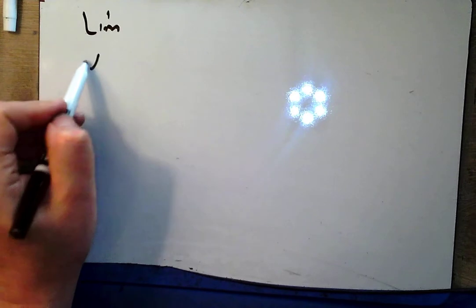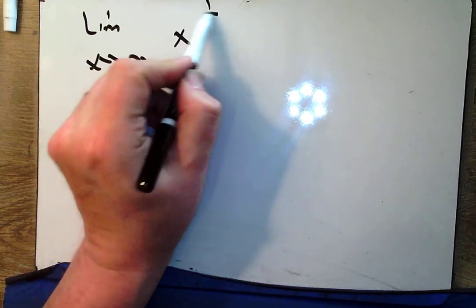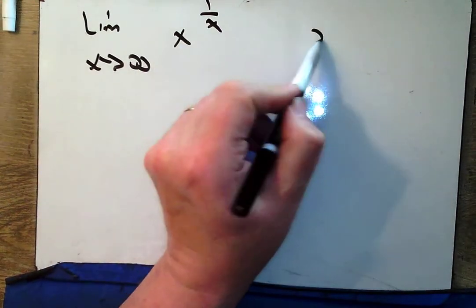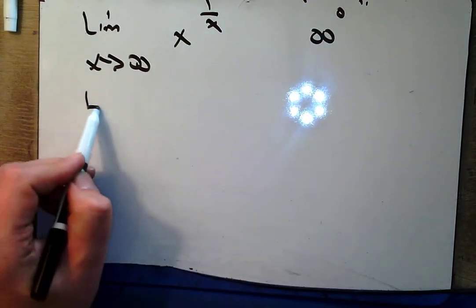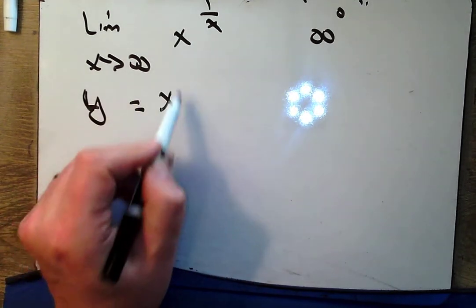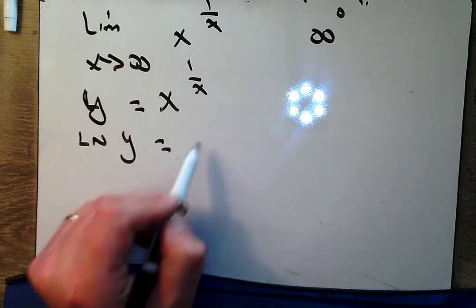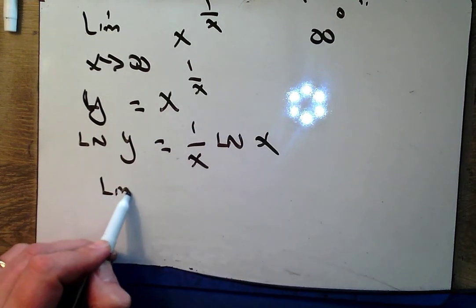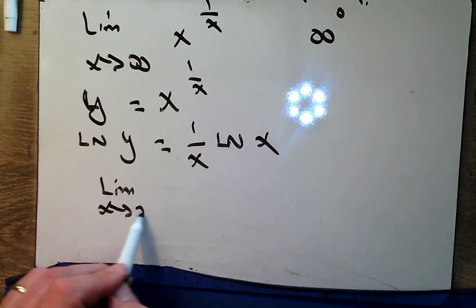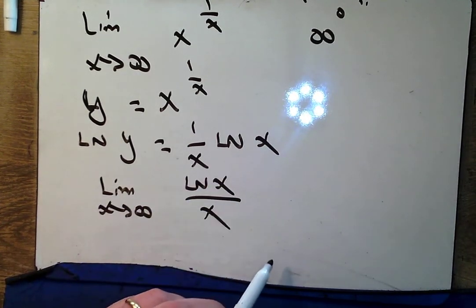And then finally the limit as x heads to infinity of x to the 1 over x. Well, this is going to be that infinity to the 0 situation. So we know if y equals x to the 1 over x, we could then take the ln of both sides. And so we could think about doing this limit instead of x over x.